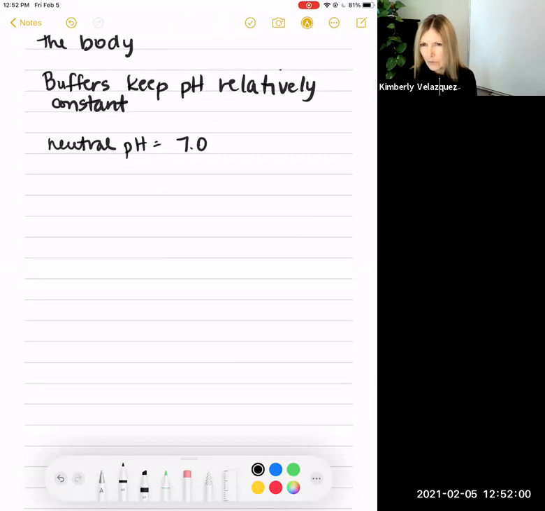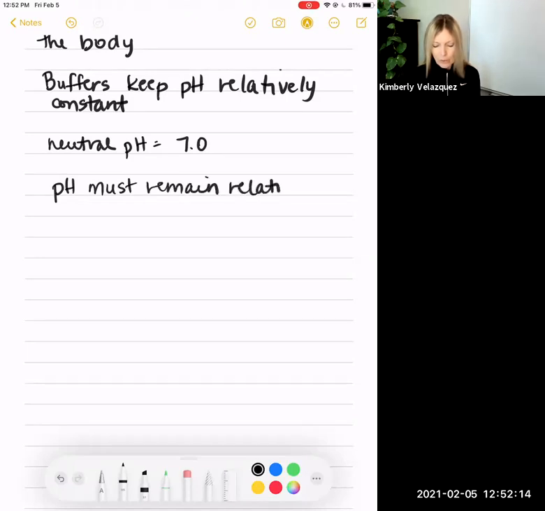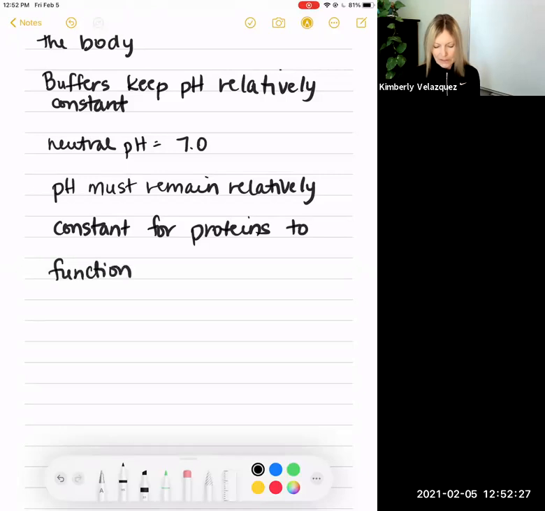I want to tell you a story about the digestive system to illustrate this example. One thing you really need to realize is that in the human body and in all biological systems, pH must remain relatively constant in order for proteins to function correctly. The reason for this is proteins have a very specific three-dimensional shape.